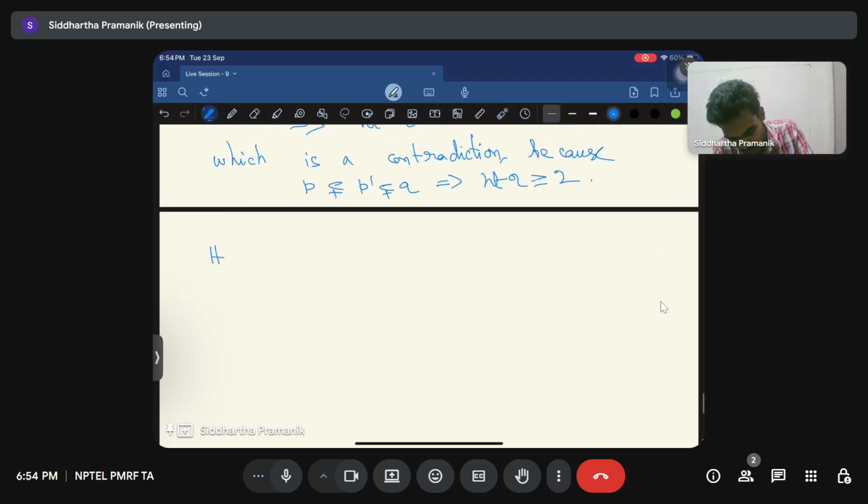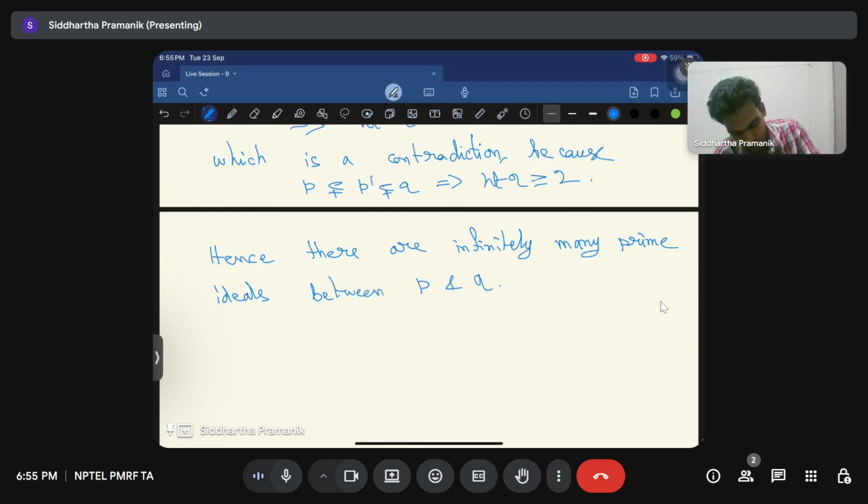So hence there are infinitely many prime ideals between P and Q. So this completes the proof.